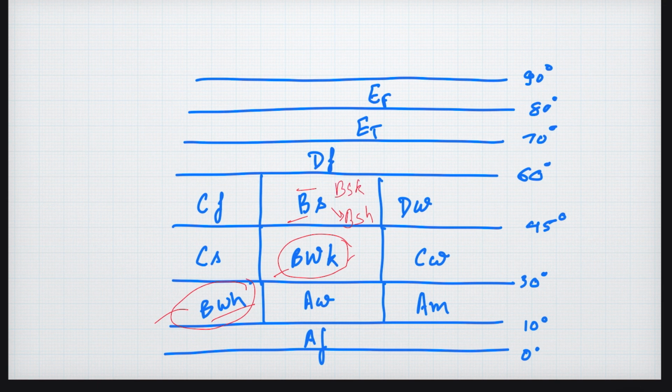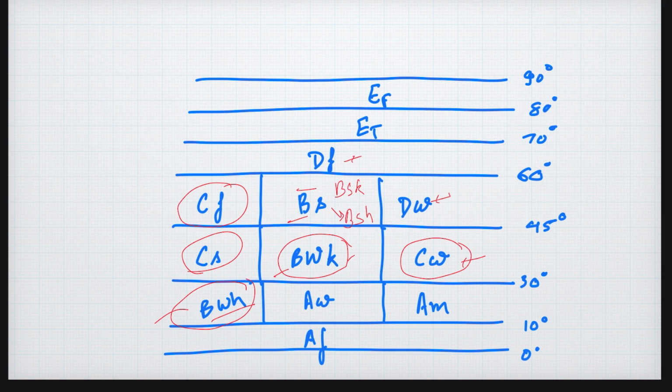Now coming on to C type of climate. This is Mediterranean type of climate. This would be west coast type of climate, marine west coast type of climate. This is China type of climate or east coast type of climate. Coming on to D, we have DW, which is subarctic.